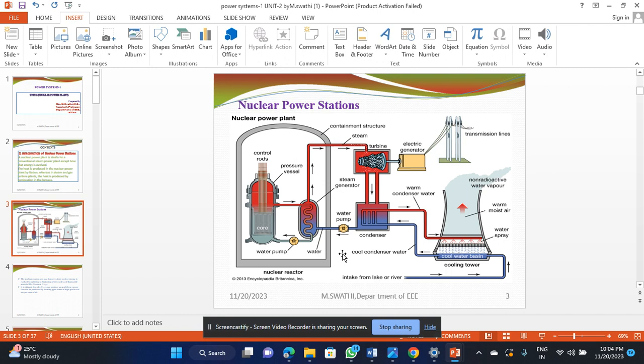For the safety of the employees and the equipment, we have to provide shielding. It is necessary to shield the reactor with a thick layer of lead material, and an outer layer of concrete material or lead material, to protect the operating personnel as well as the environment from radiation hazards. So this is the main operation of the nuclear power plant.